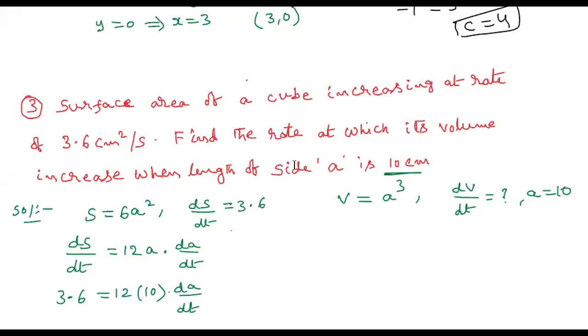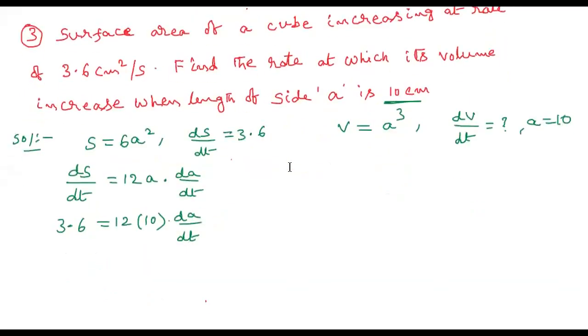See the calculation, what we get: da by dt finally is equal to 0.03. Next, the volume is given, V is equal to a cube. Do the differentiation: dV by dt is equal to, we get, 3a square into da by dt.